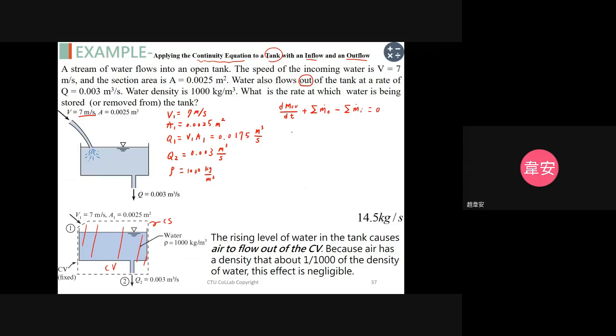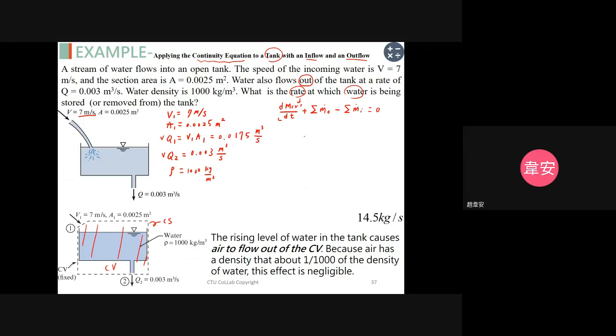Okay, so the question we need to answer is the rate at which the water is being stored or removed. So this indicates that this item is related to this item. And now we already know the outflow and the inflow because we know the discharge Q1 and Q2. So we can compute the net outflow rate.